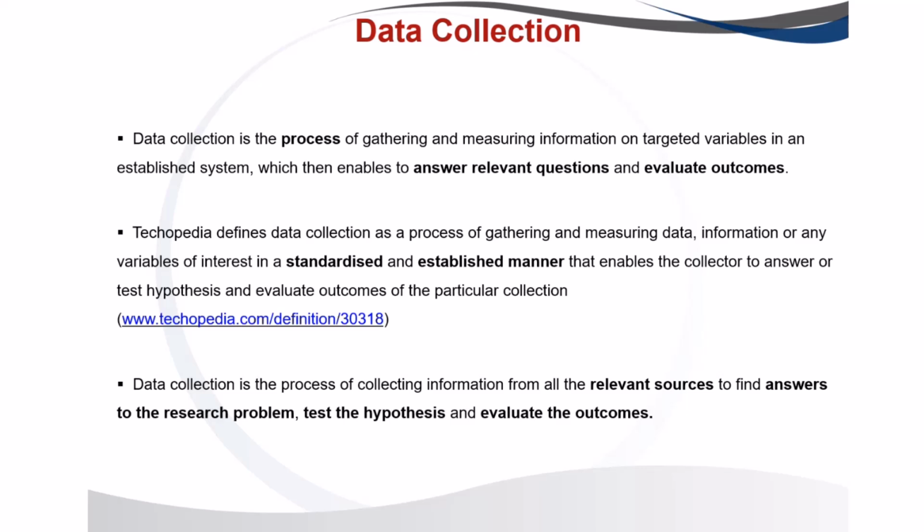While Techopedia defined data collection as a process of gathering and measuring data, information, or any other variables of interest in a standardized and established manner. Okay, data collection is a process of collecting information from all the relevant sources to find answers to the research problems, test the hypothesis, and evaluate the outcomes.